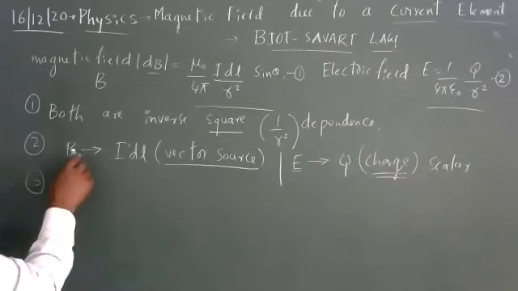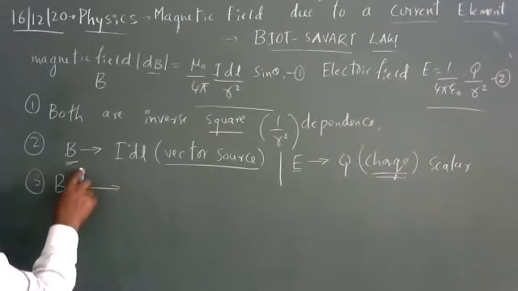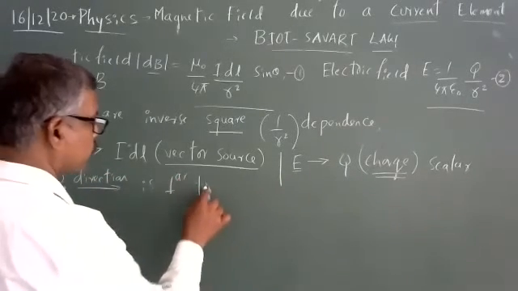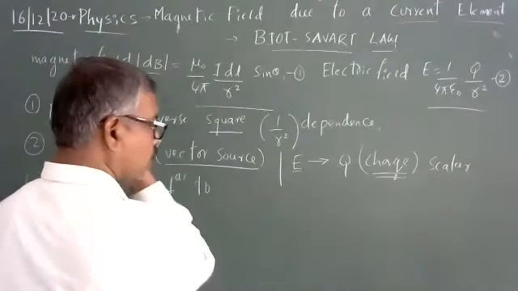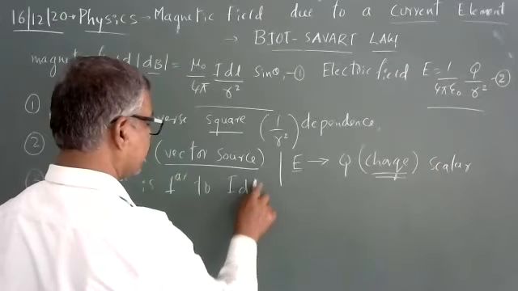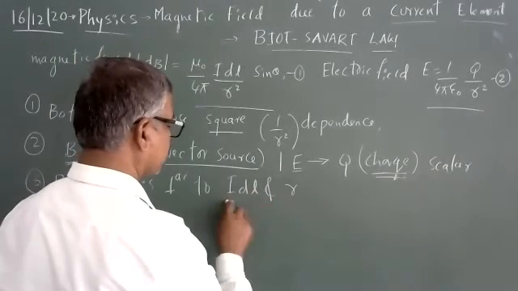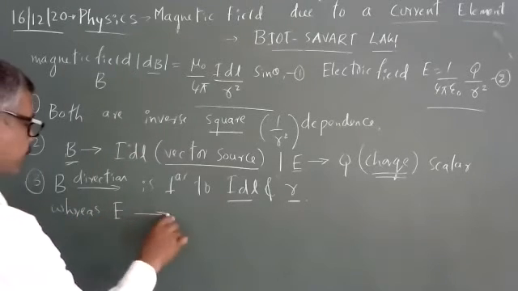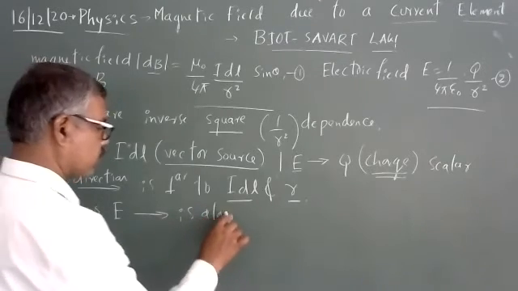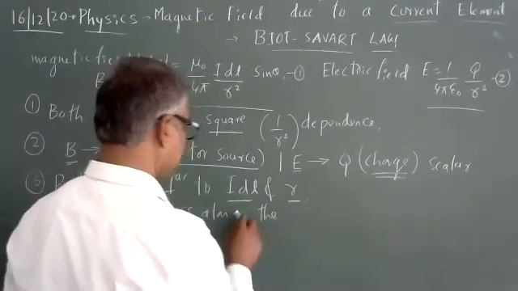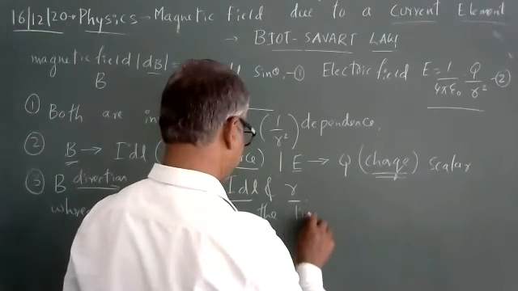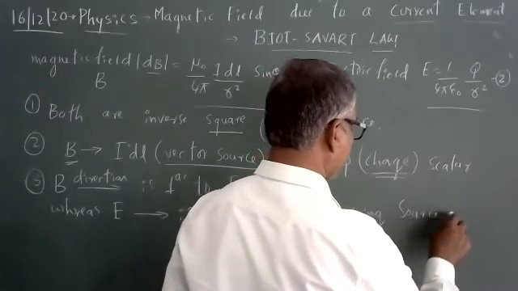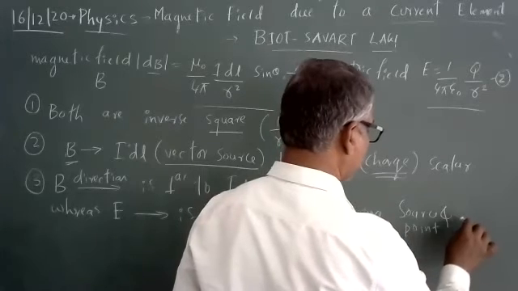Next, the direction of the magnetic field is perpendicular to the source, perpendicular to I dl and r, whereas the electric field is along the line joining the source point and the field point.